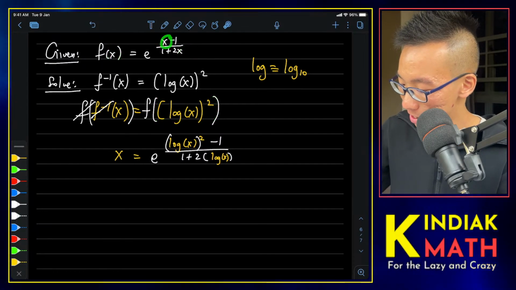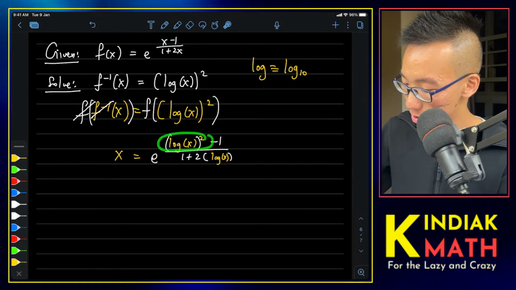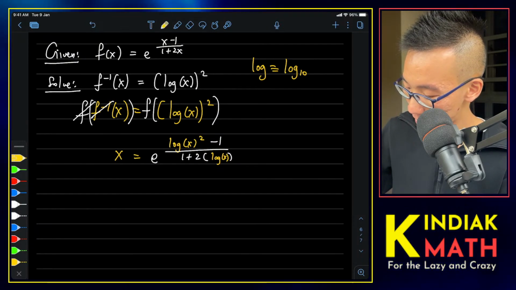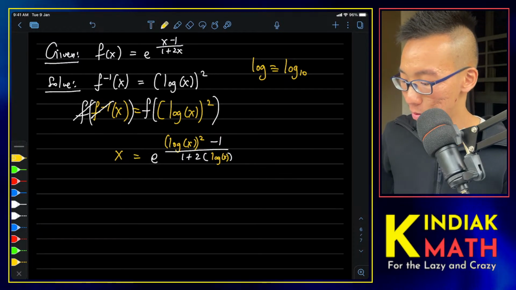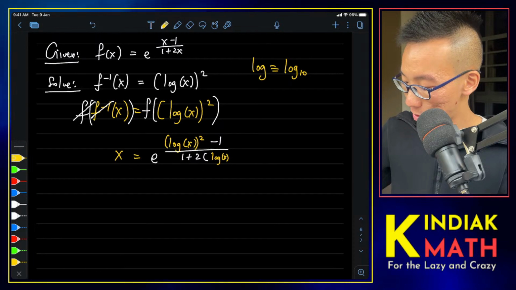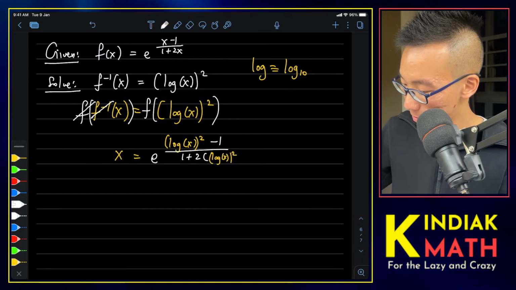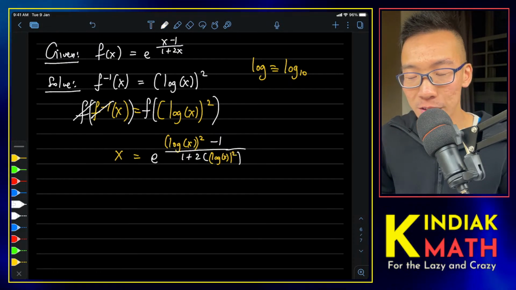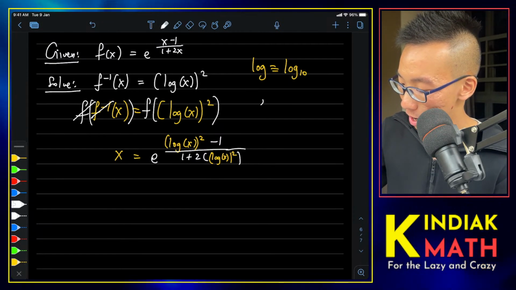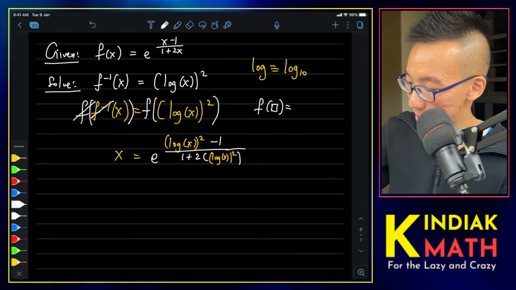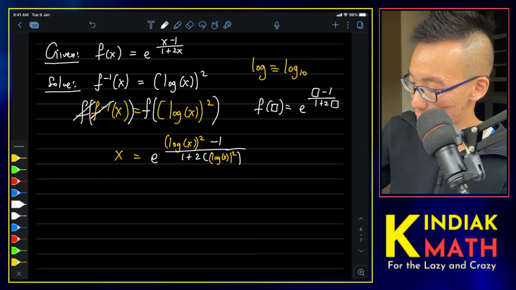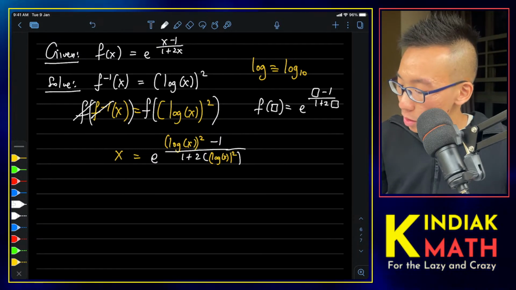We're replacing all the x's with log of x all squared, like this. In fact, I probably need to put this over here. Essentially, f of anything is going to be e to the power of anything minus 1 over 1 plus 2 times anything, whatever this anything might look like.